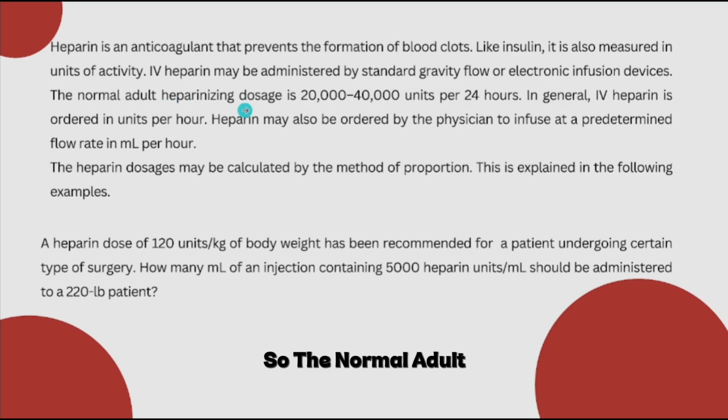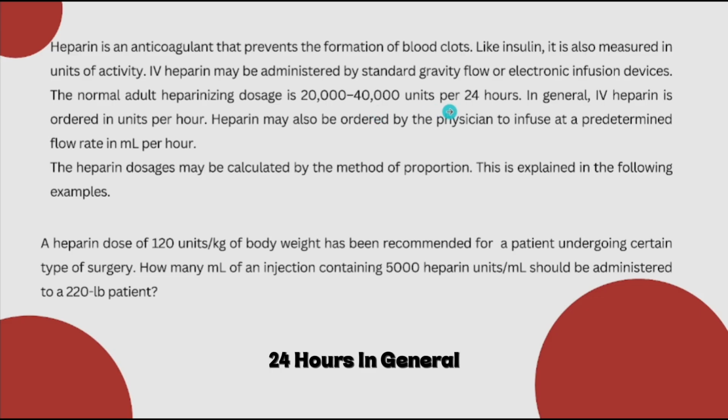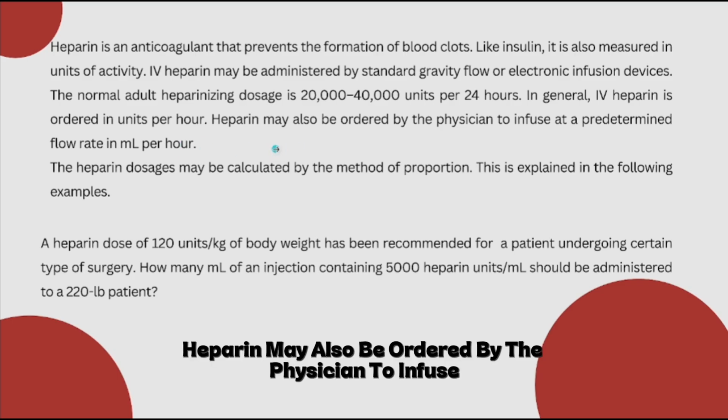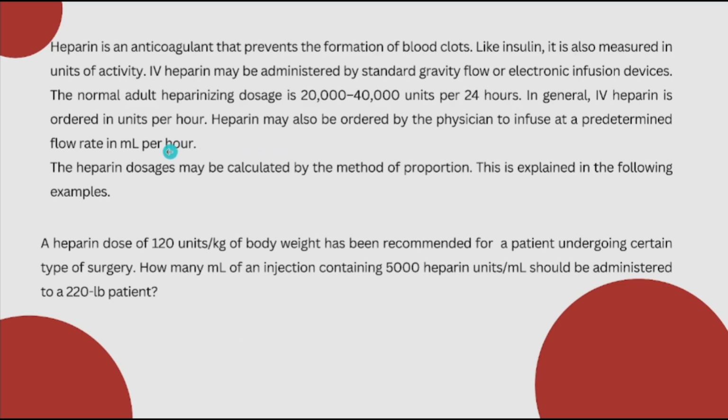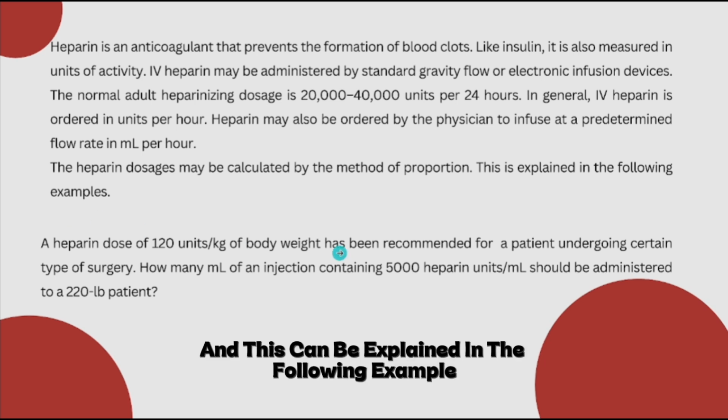The normal adult heparinizing dose is 20,000 to 40,000 units per 24 hours. In general, IV heparin is ordered in units per hour. Heparin may also be ordered by the physician to infuse at a predetermined flow rate in ml per hour. The heparin dose may be calculated by a method of proportion, and this can be explained in the following example.